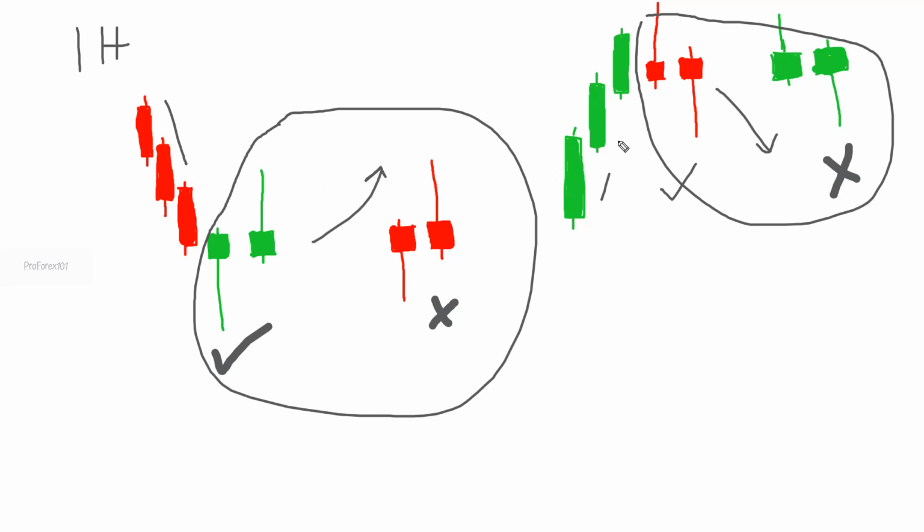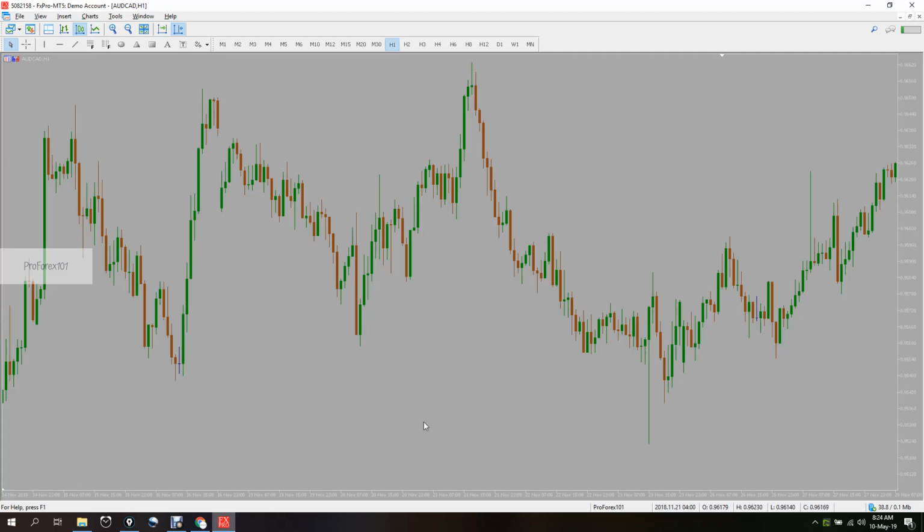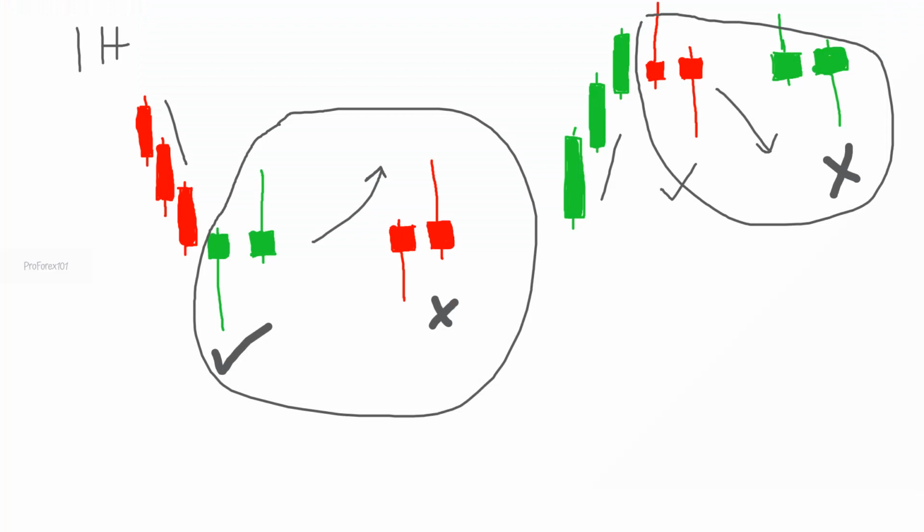Okay, so let's go have a look at some examples on our charts, guys. So first things first is a bullish reversal pattern, something like this. Let's look for that one.